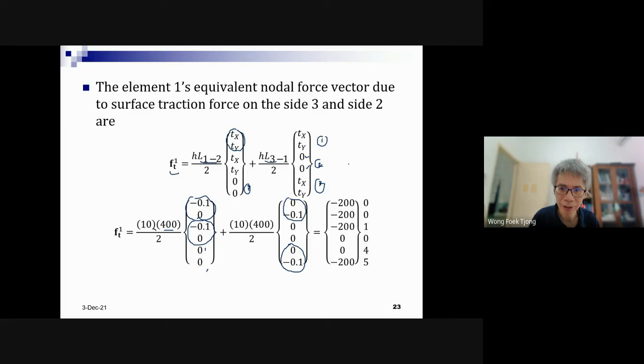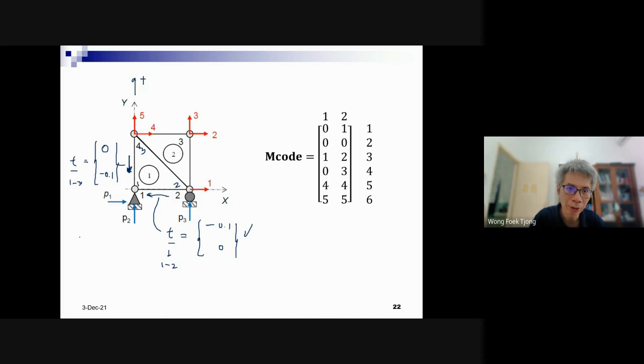Any questions? And then plug in the numbers and then calculate like this. That's the equivalent force for element number 1. How about for element number 2? On element 2, we have along this side, this is 1, 2, 3, right? Local numbering, always local numbering.